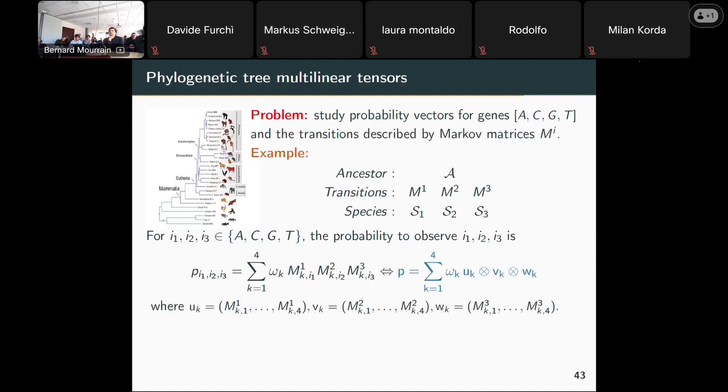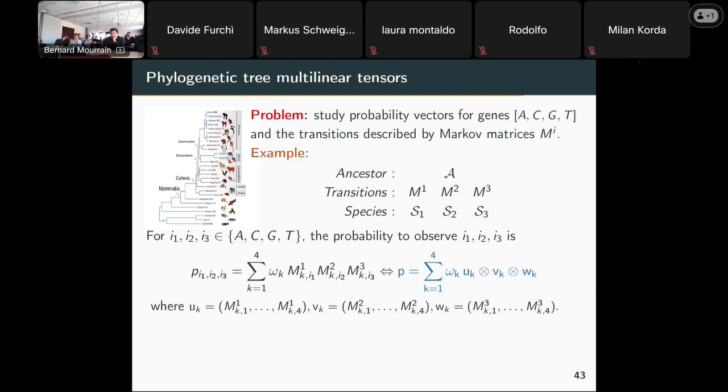Here is some application, in the case of multilinear tensors, in phylogenetics. But we can see that the same techniques apply. So we have some species, and for example, here there is an ancestor with 3 species, and in phylogenetics, people are interested in analyzing the genes of these different species.